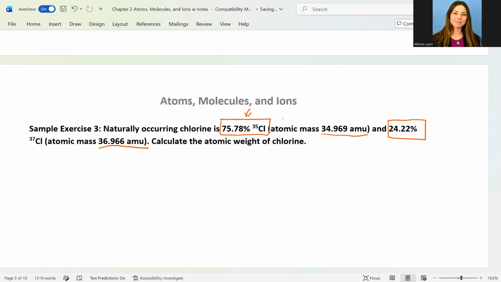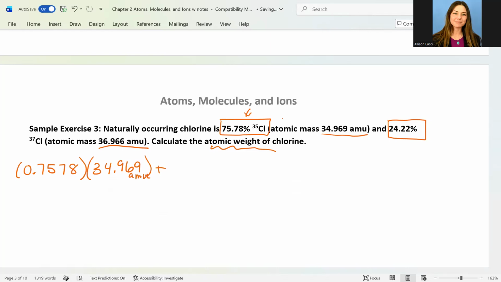So if we wanted to calculate the atomic weight of chlorine, what we might see on the periodic table, we would take the percent abundance and convert that to a decimal, like so. This is for chlorine-35, and then we'll multiply by the atomic mass in AMU.